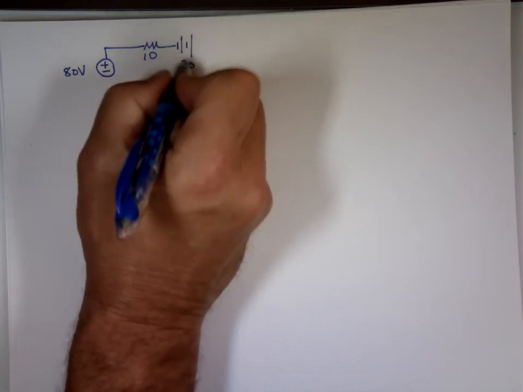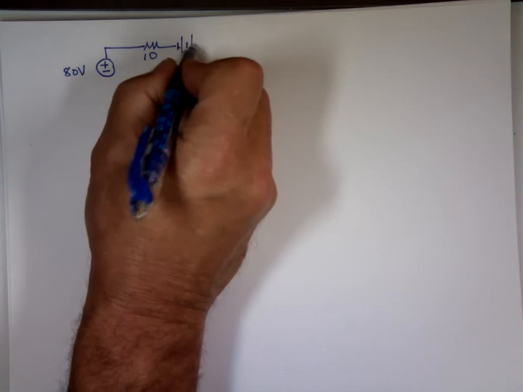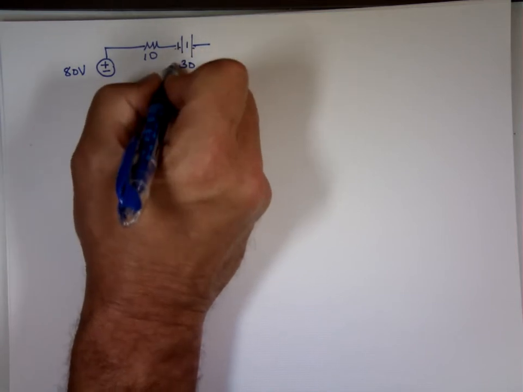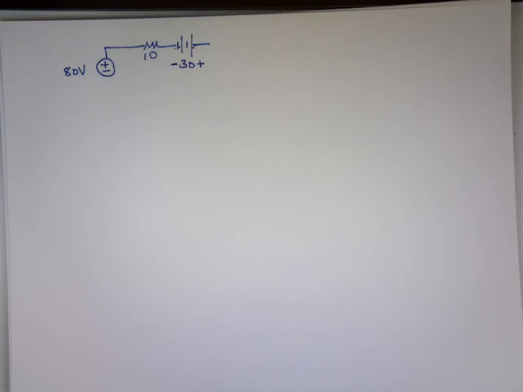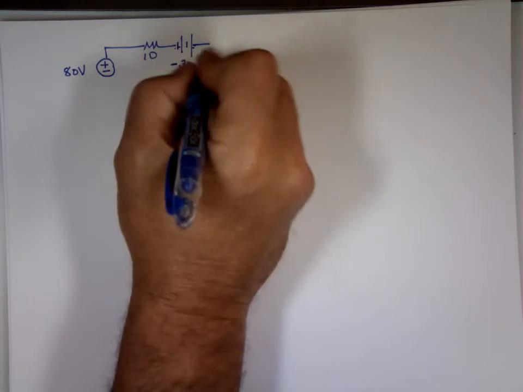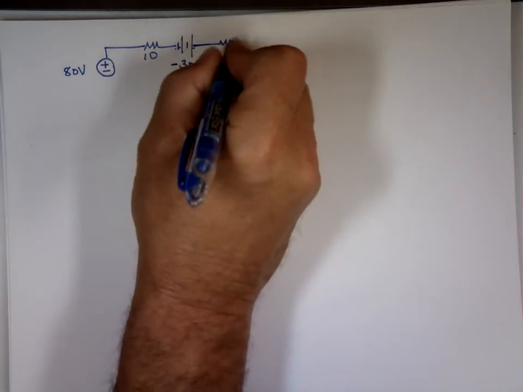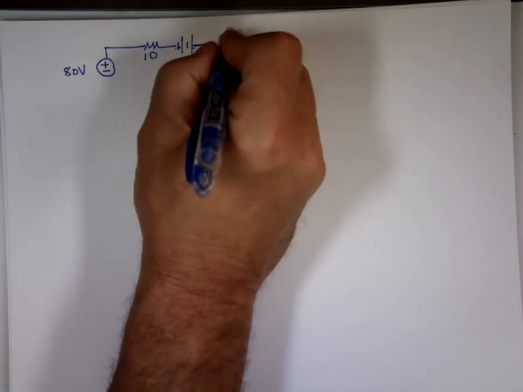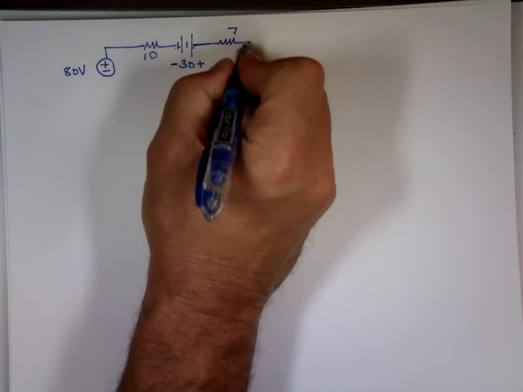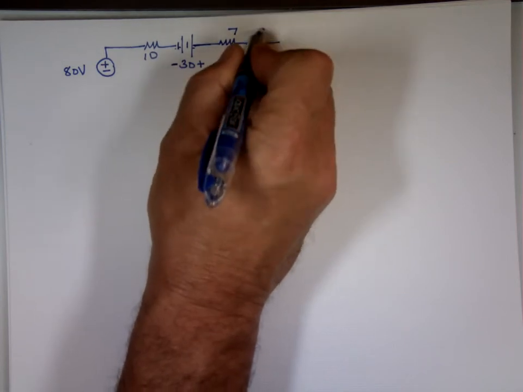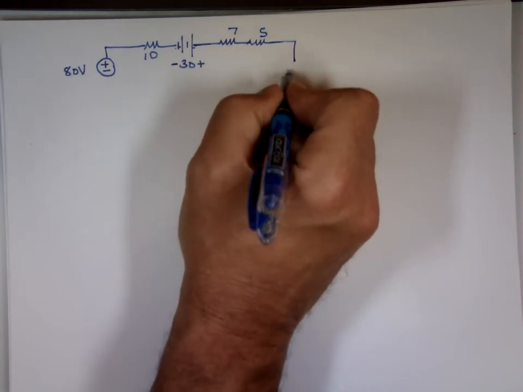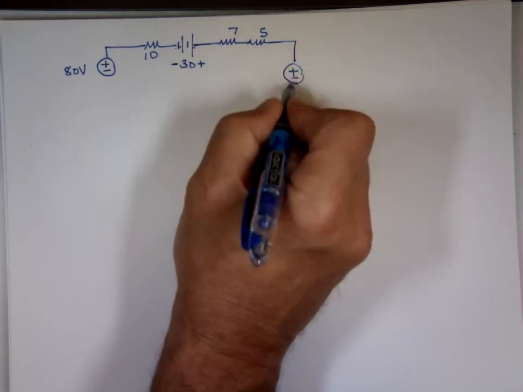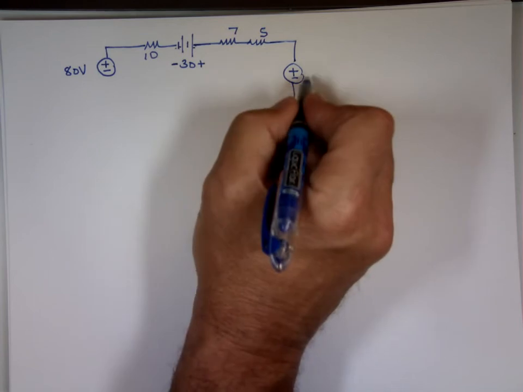Notice this one, I put the shorter side on this end, the longer side. That means it's minus on this end, plus on that end. That's what that notation means. The longer piece is the plus, the shorter piece is the minus. This is 7. This is 5. This is 20.